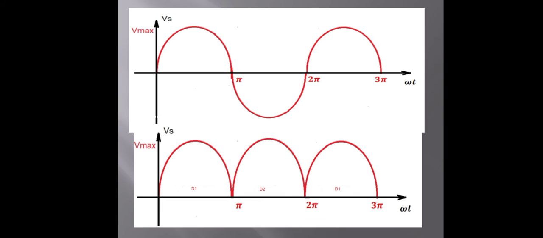Then these conditions repeat: D1 conducts, D2 conducts, D1, D2. This is the change in conditions between the positive half and the negative half. These are the single phase full wave rectifier waveforms.